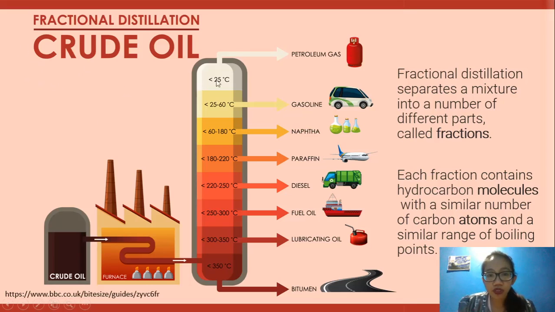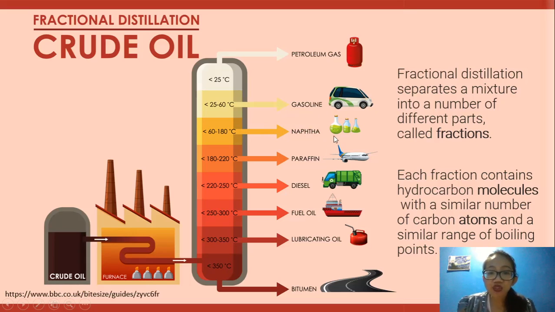The first fraction, the lightest of all the hydrocarbon chains, becomes our petroleum gas, and that's what we use in cooking and sometimes to power motorcycles as well. Then the next fraction is gasoline, which is what we use for smaller cars.